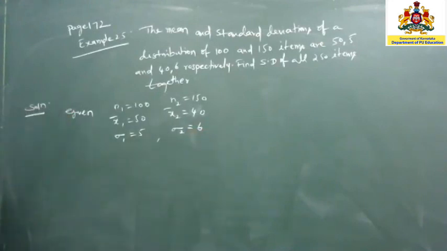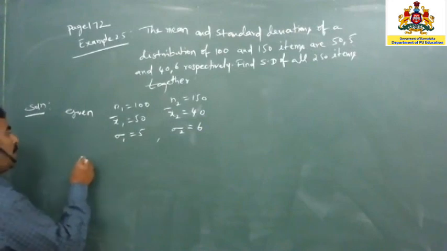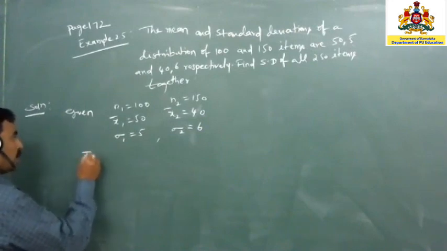So it is the formula. First you have to find combined arithmetic mean x bar c.